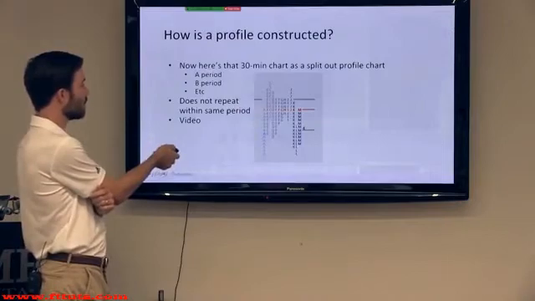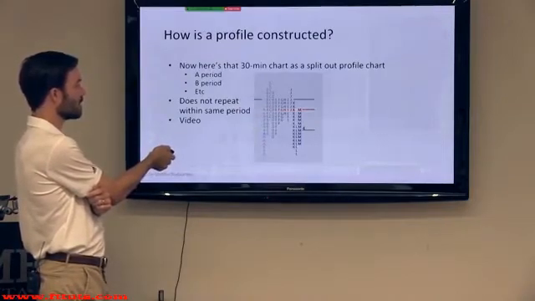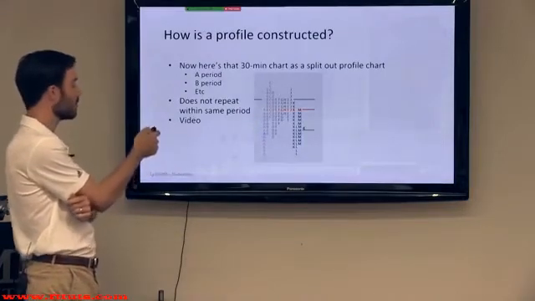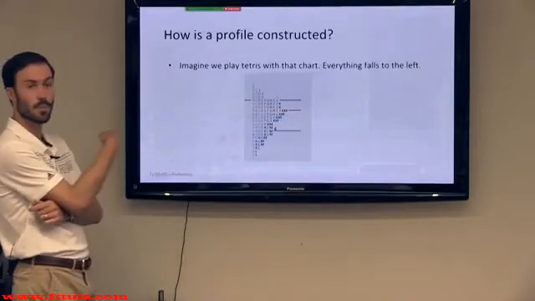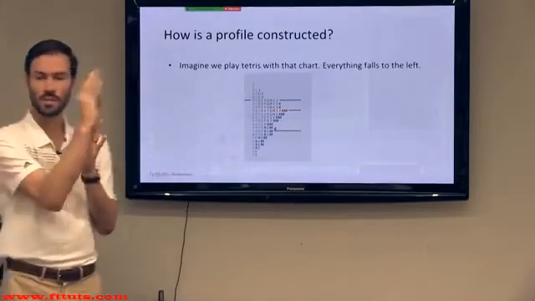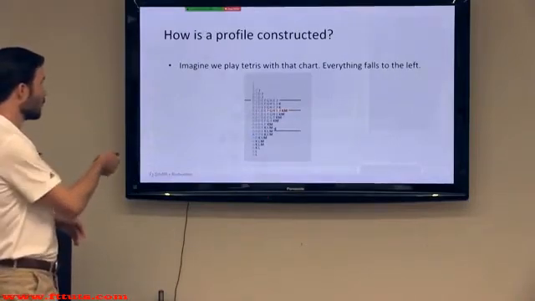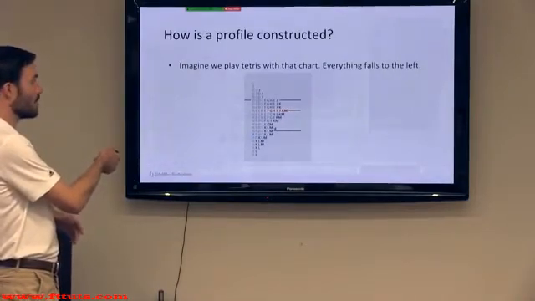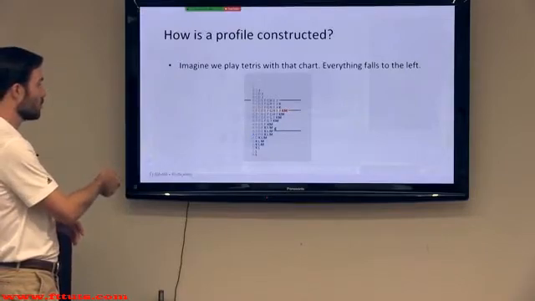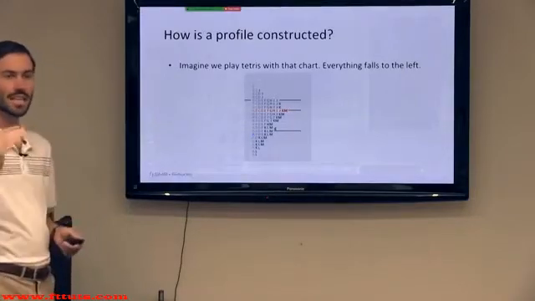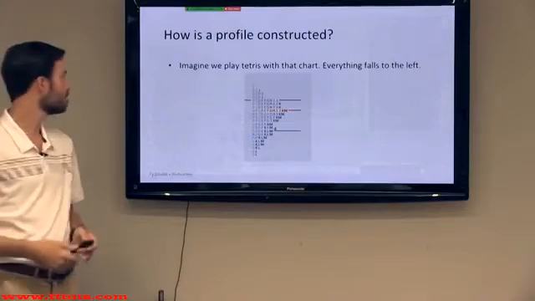This M is not going to be able to fall very far because it's going to run into K, J, and so on, right? So here's how it looks usually. Boom. Everything just falls left and it becomes a distribution. We can see where we only traded 1 half-hour period. We can see where we traded 2 half-hour periods. It shows us time spent at price. Okay?